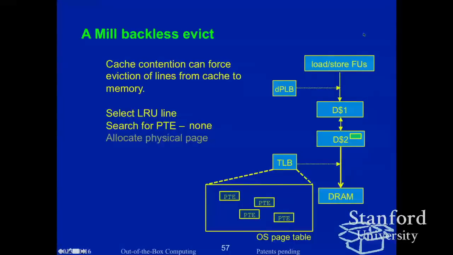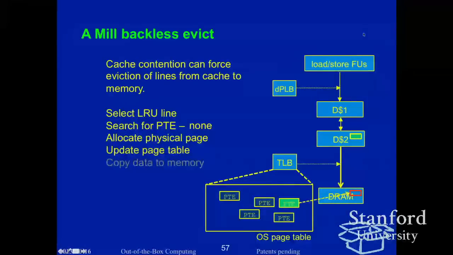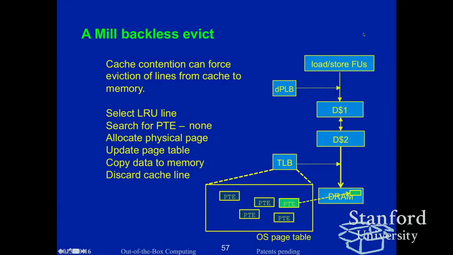So at that point, we have to allocate a physical page. We are, in fact, going to put things out into DRAM. We need a physical page. And let's say that that is the physical page which you allocate. We update the page table by adding a new page table entry, which refers to our new data, the physical memory. We copy the data to memory. We discard the cache line, the one we just evicted. And that cache line is now usable by somebody else.